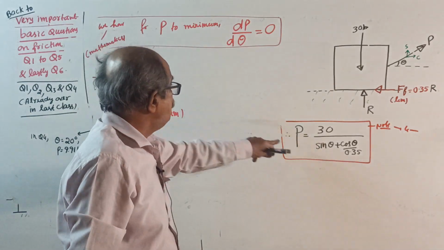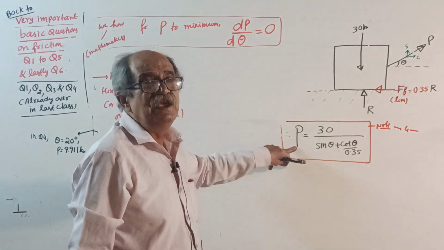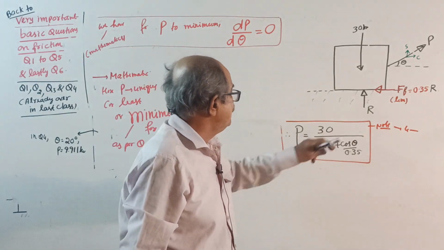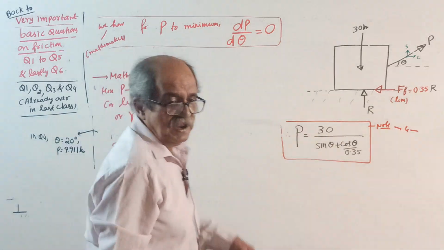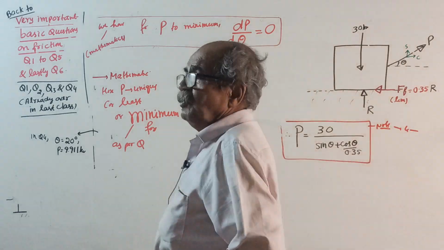Here instead of y, P is there, instead of x, theta is there. So we want to find the least, minimum P. The variable is theta. Differentiation of P with respect to theta should be 0.